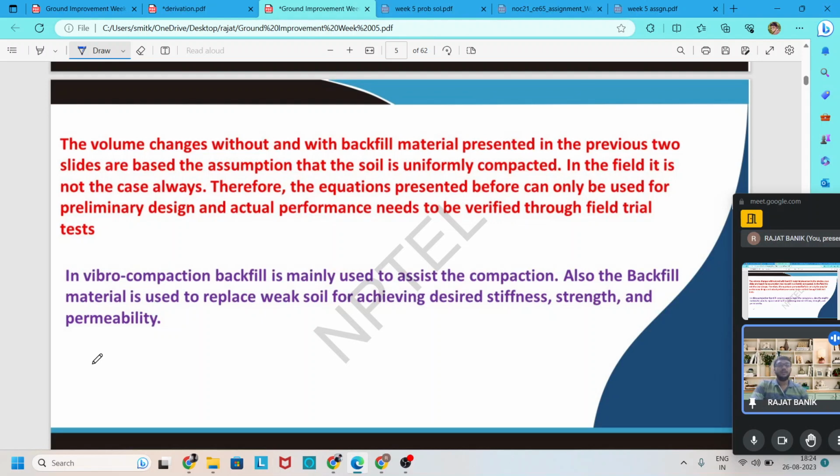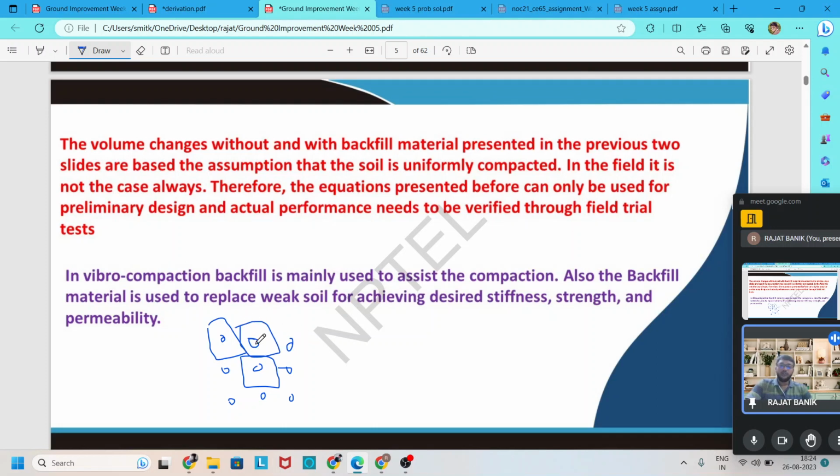That means when we apply a square pattern here, here, here, you can see on my screen, when we apply this ground improvement at compaction points, one influence zone is created for each point.